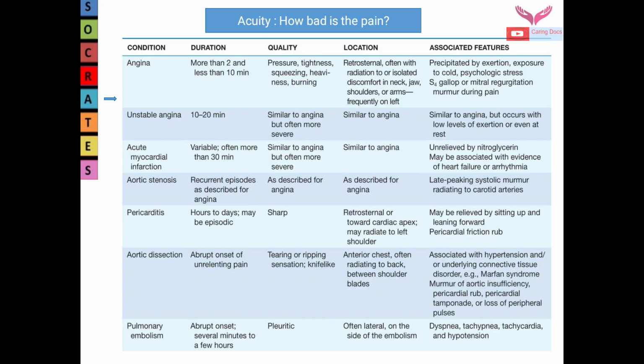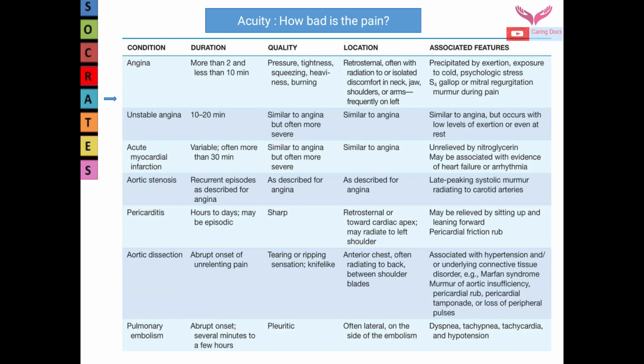It is usually located retrosternal, often with radiation to, or isolated discomfort in, the neck, jaw, shoulder, arms, frequently on the left. It is precipitated by exertion, exposure to cold, psychogenic stress. The patient may have an S4 gallop or mitral regurgitation murmur during pain.